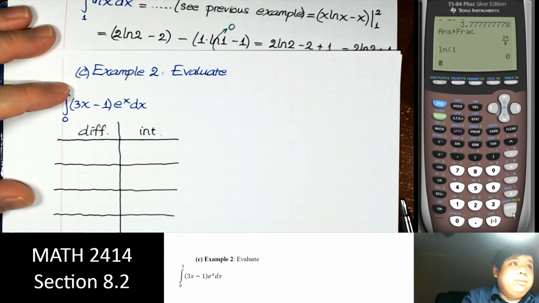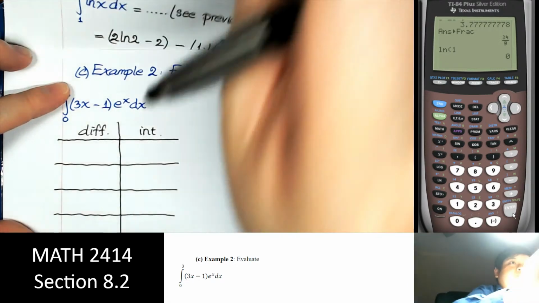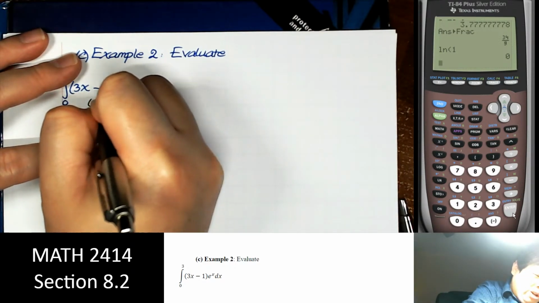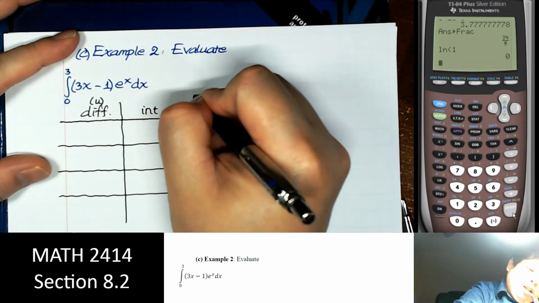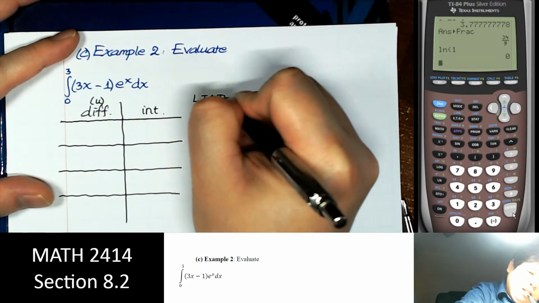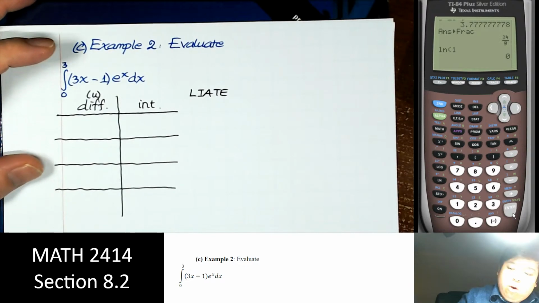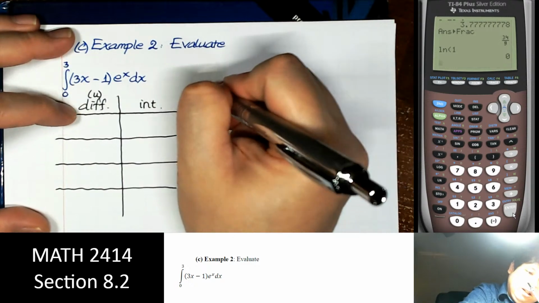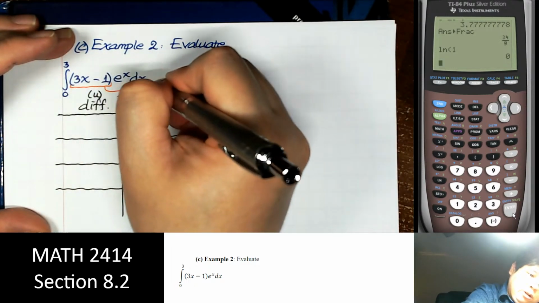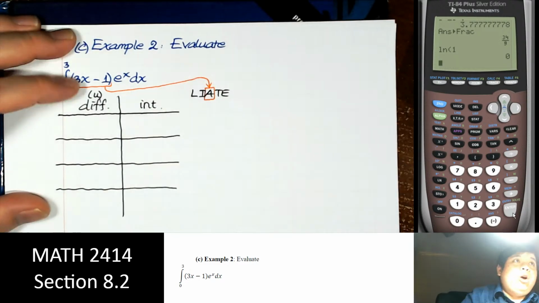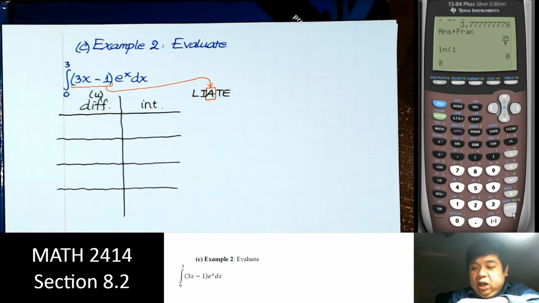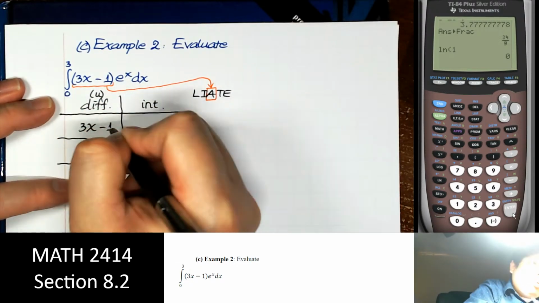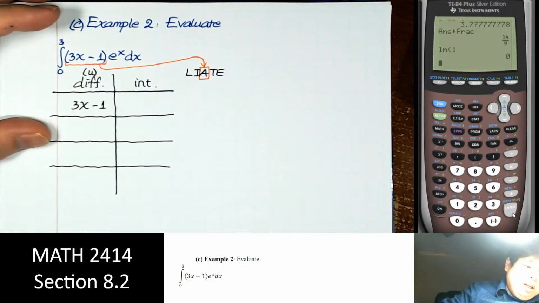What do we choose to be u, to be differentiated? Differentiated usually is the term we call u, so LIATE. There's no log, no inverse trig. And then we have a polynomial, which is an algebraic expression. So that's what we have, 3x minus 1. That's what we choose to be u, to be differentiated.